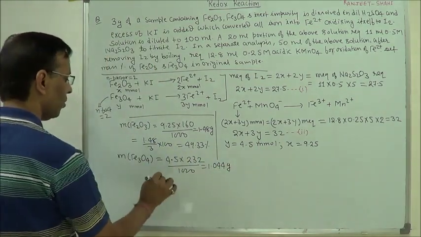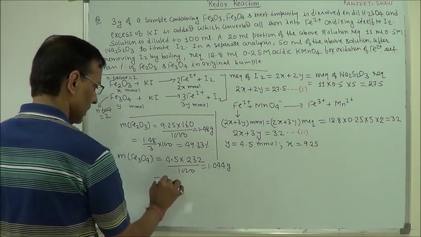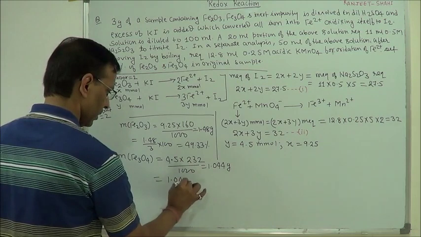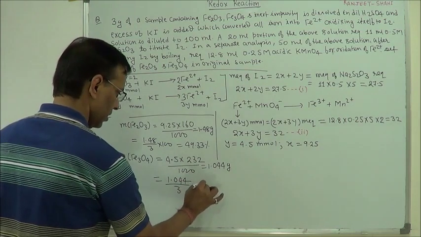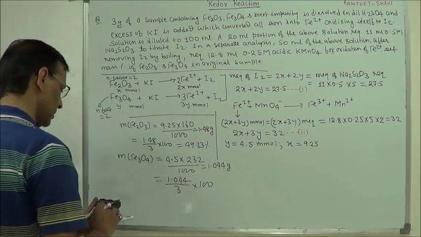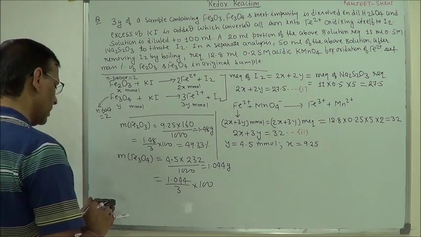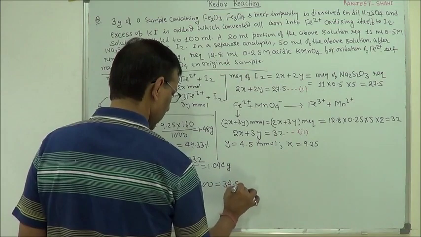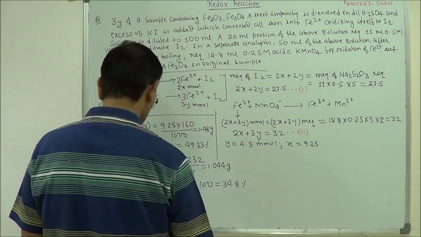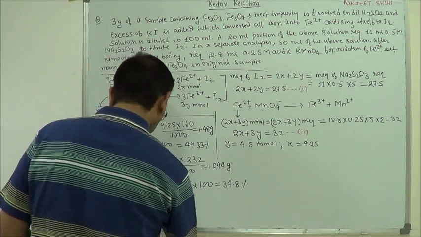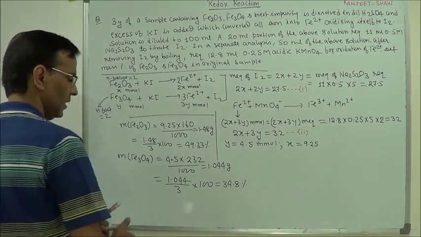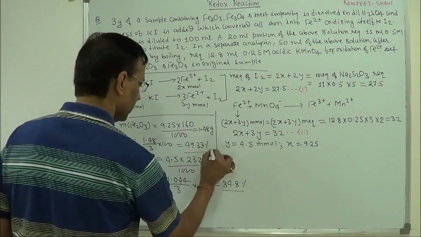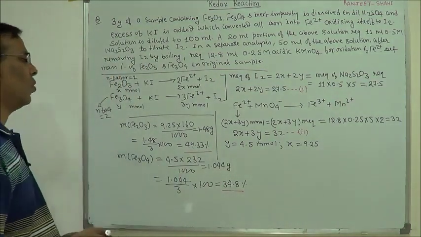If we convert it into percent, it will be 1.044 upon 3 into 100, 34.5. So this is the percentage of Fe3O4 and this is the percentage of Fe2O3.